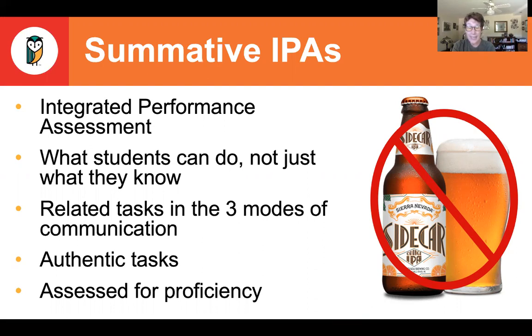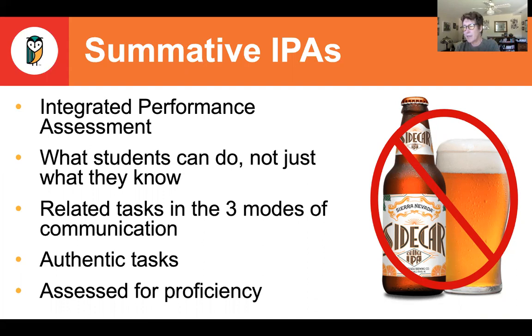An IPA is an integrated performance assessment. It is a summative assessment, an assessment of learning used at the very end of the unit. It is, for us at Wayside, a performance-based assessment so that students show how they can use the language, not what they know about it.